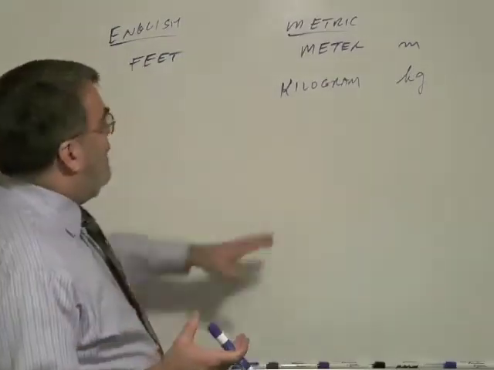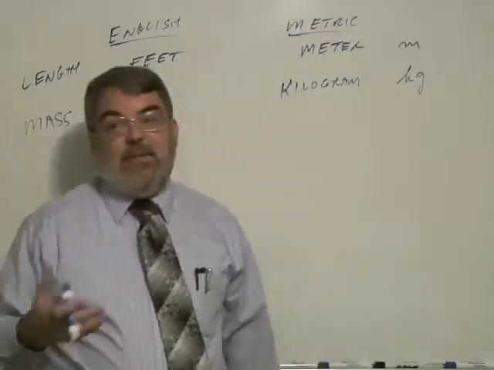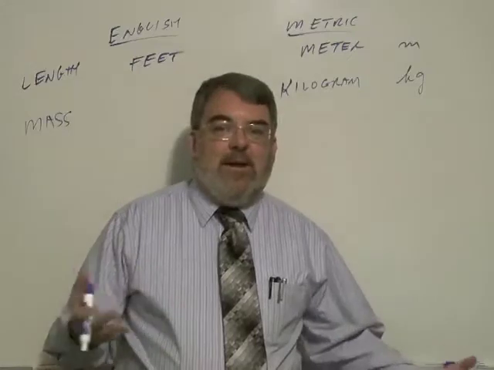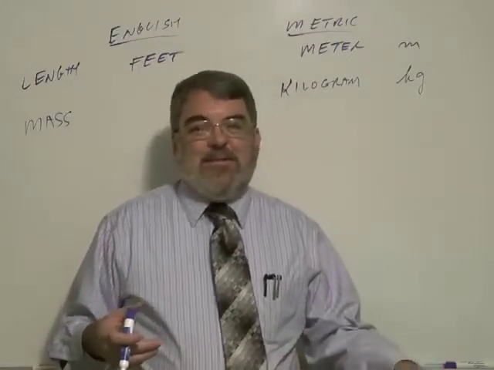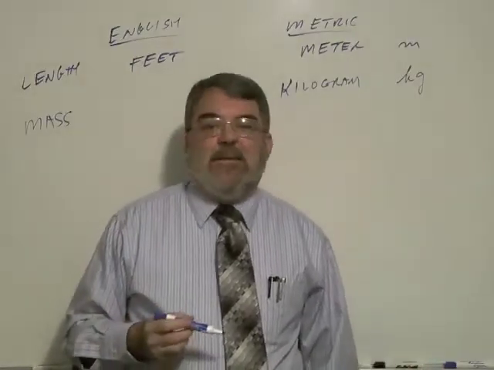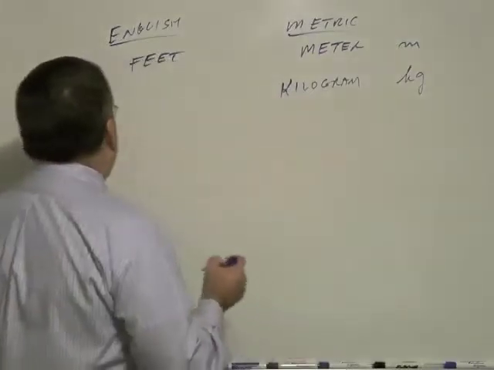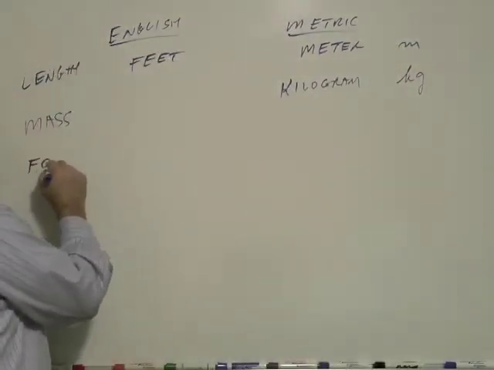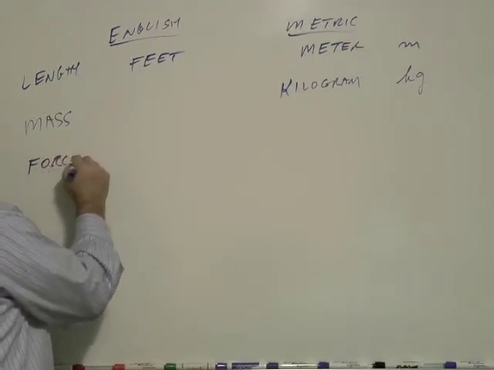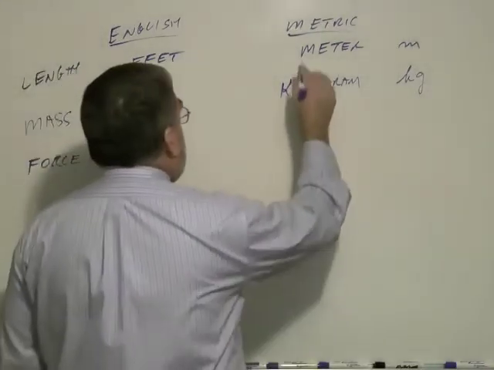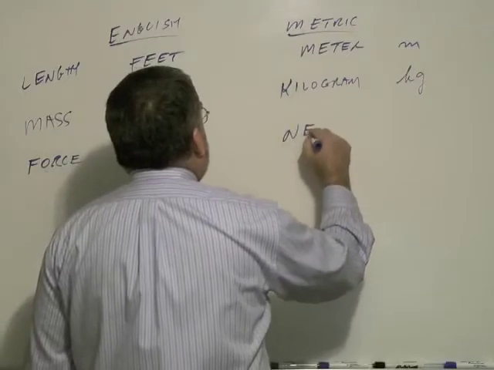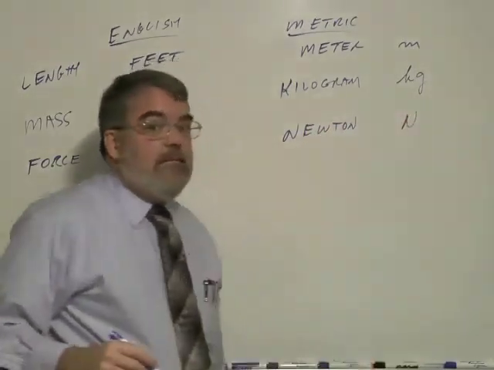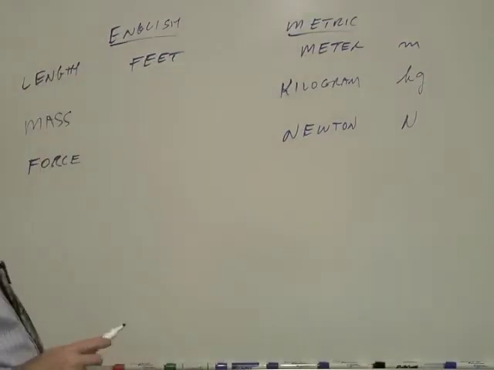It's kind of funny because in Europe they use the metric system and they weigh themselves in kilograms. That's okay if you never leave the surface of the Earth. But the real measurement of weight, which I'll call force, in the metric system is called the Newton, and that's capital N for Isaac Newton.